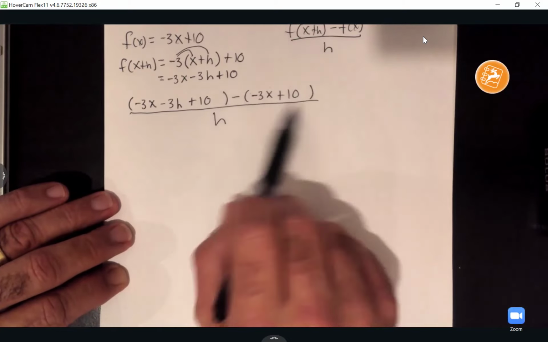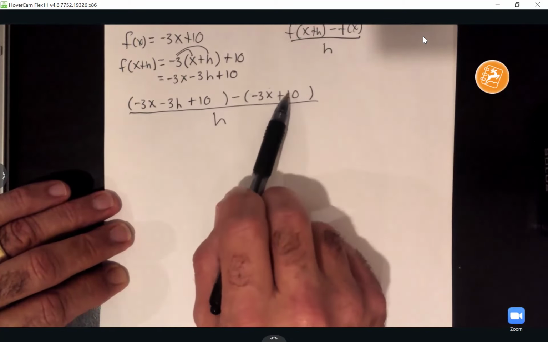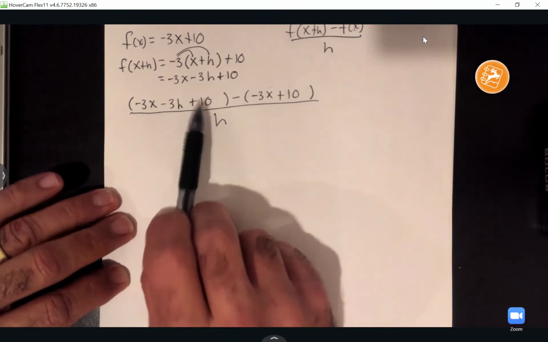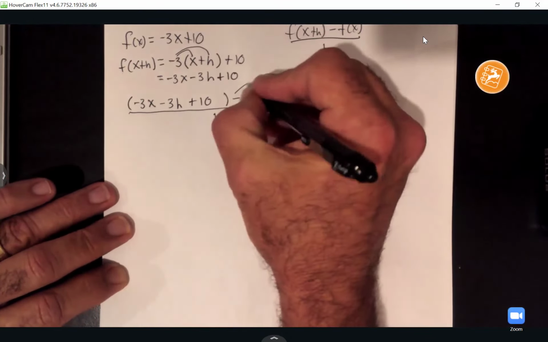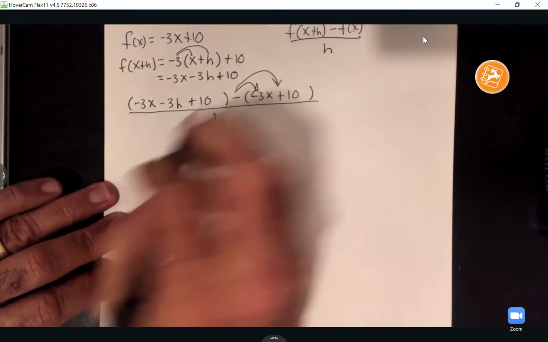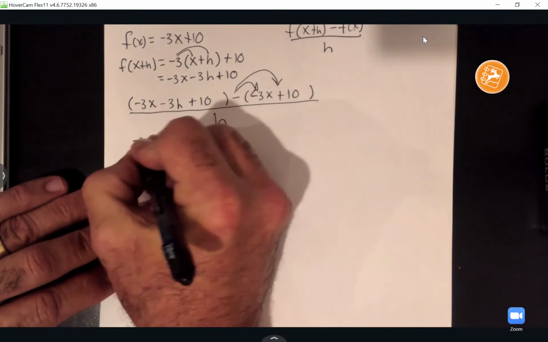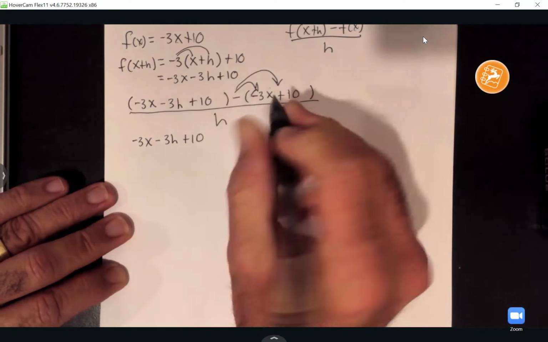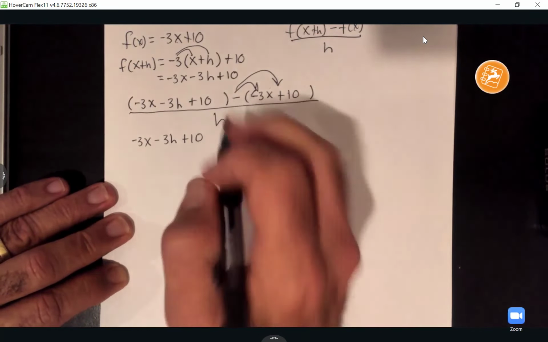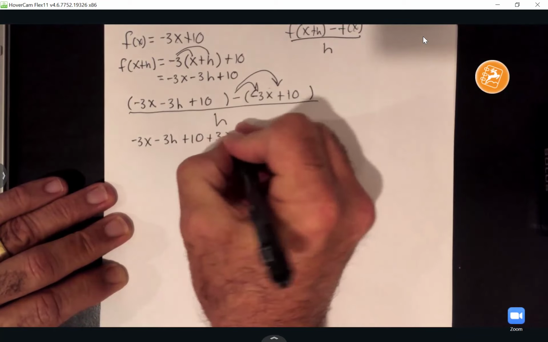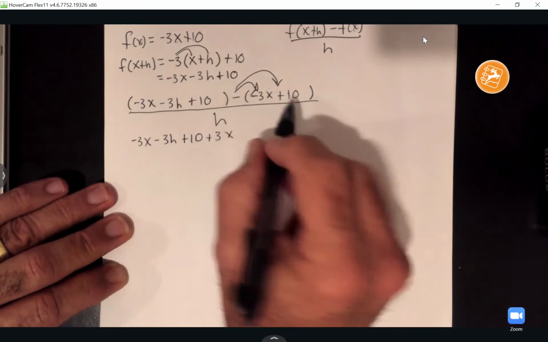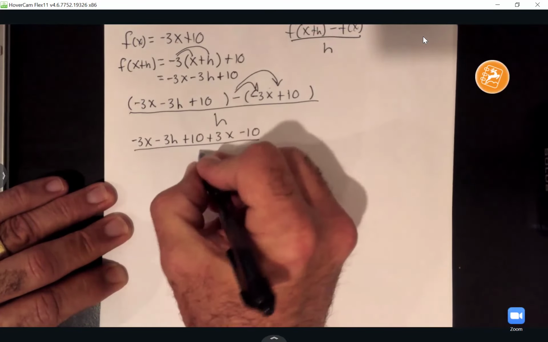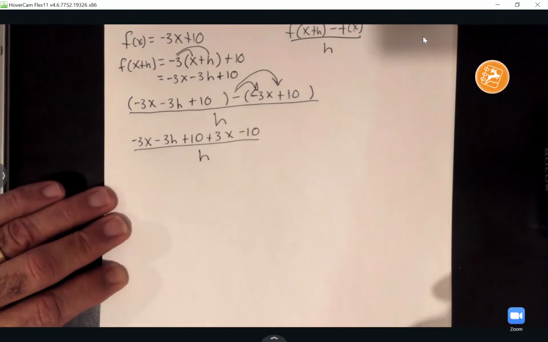But remember, everything in the second parentheses is definitely going to cancel with the counterpart in the first. So I'm just going to distribute that negative. So I got a -3x minus 3h plus 10. Negative times negative makes that a +3x. Negative times 10 makes that a -10 all over h.